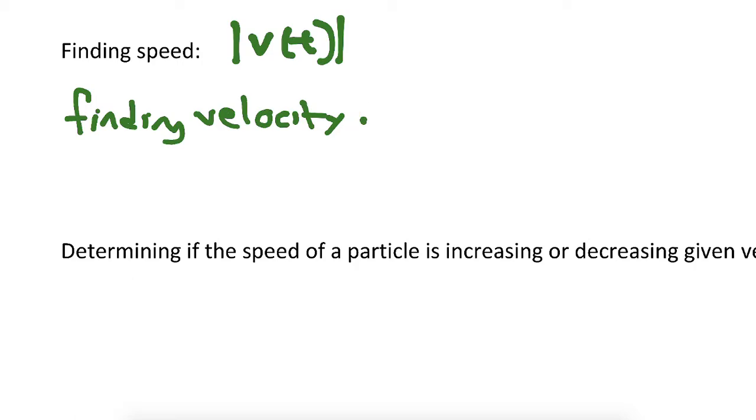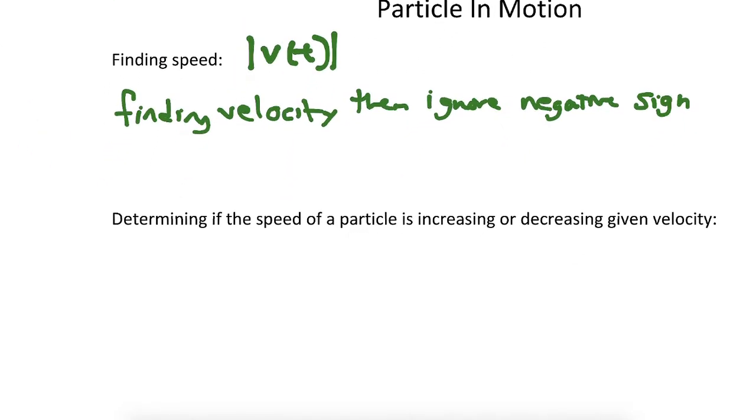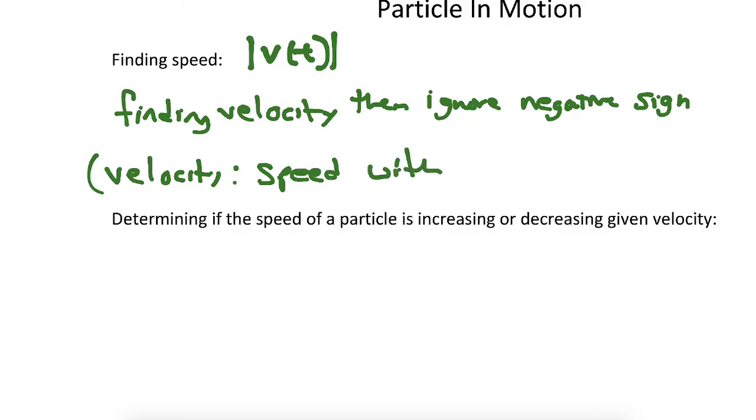Once you find velocity, then ignore the negative sign. One of the things I like to think is that velocity is really speed with direction, meaning the negative or positive on velocity symbolizes what direction the particle is going.